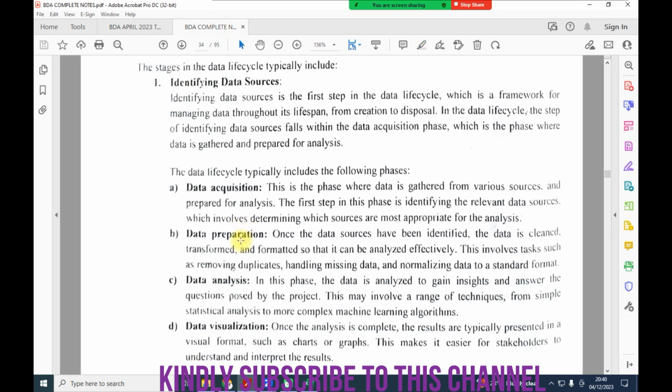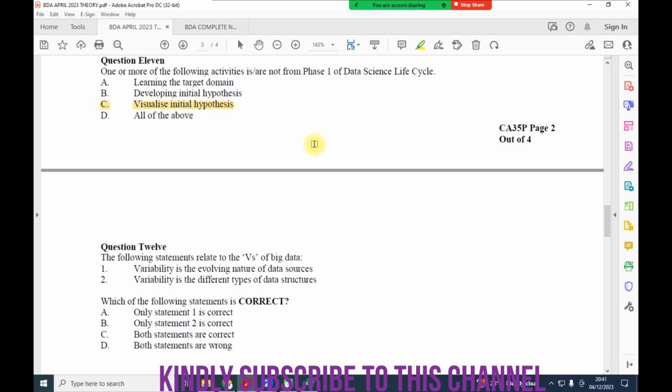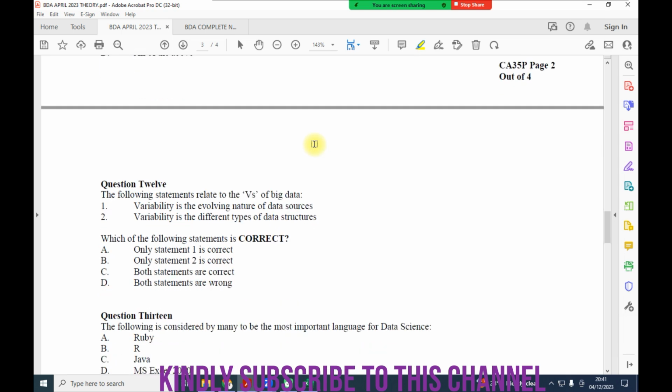Here we are gathering data from various sources and identifying the relevant data. That's where we are learning our target domain or our targeted data. But the only activity that doesn't happen is visualizing the initial hypothesis. So visualization is not under phase 1 but under phase 4, and that's why that one will be our answer, part C, visualization of the initial hypothesis.